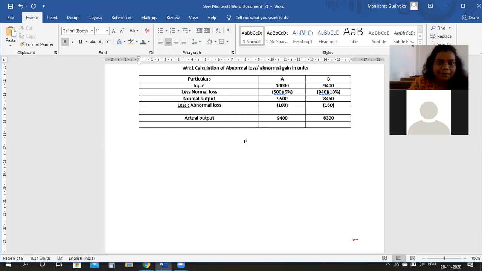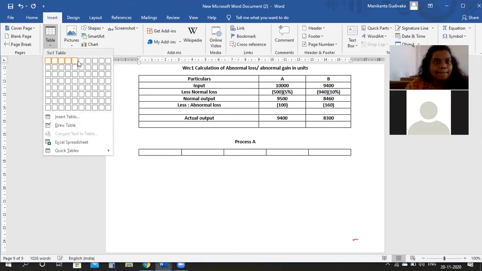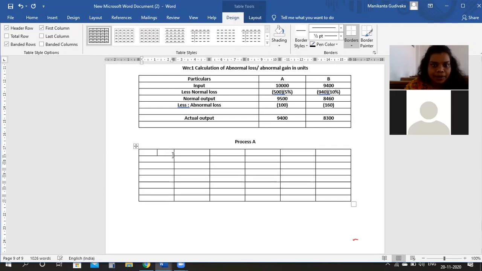So that is process A. Process A account. We have to maintain one column for particulars, one column for units, one column for amount.